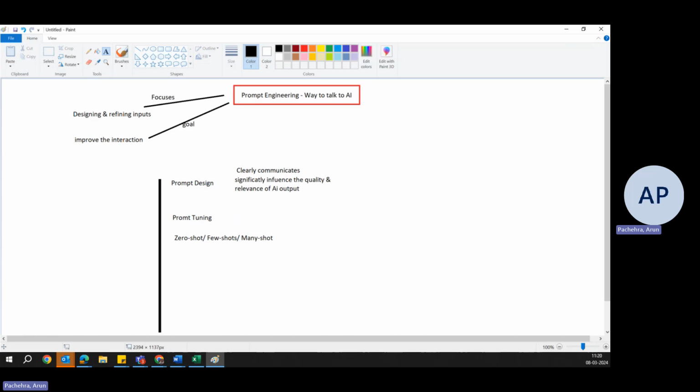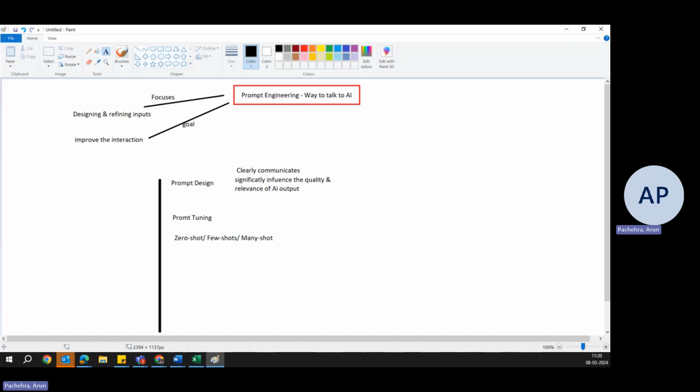These terms refer to the number of examples provided within a prompt. And why are we providing the examples? You remember prompt tuning? Yes. So, the number of examples provided within a prompt to guide the model's response. Zero shot learning involves providing no examples, relying on the model's pre-existing knowledge.